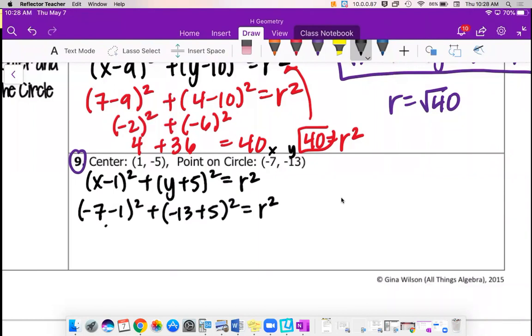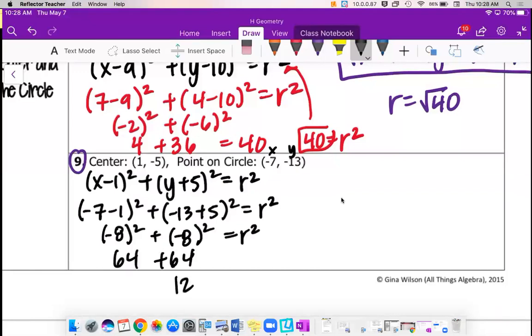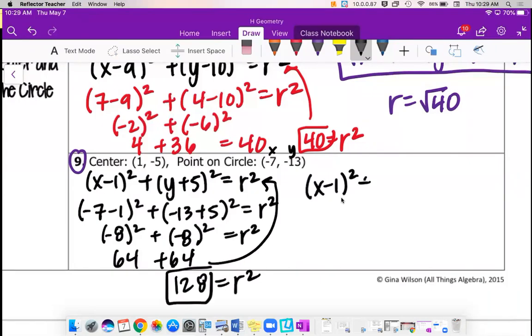So then this becomes negative 8 squared plus negative, what is that, 8 again? Yep, squared equals r squared. This becomes 64 plus 64, which is 128. And then you have your r squared, so then you know that's just what comes into the equation up here. So then my final equation is just going to be x minus 1 squared plus y plus 5 squared equals 128. And then you're done.